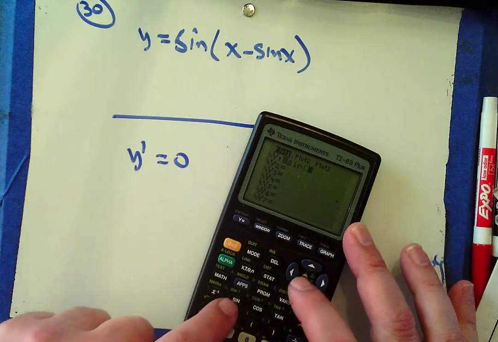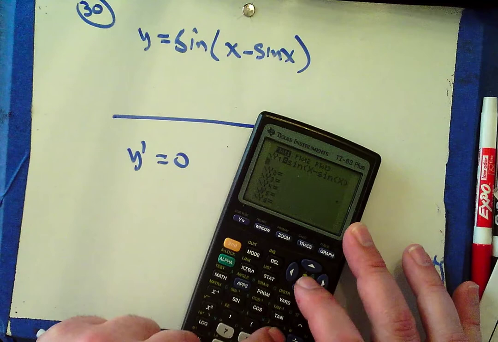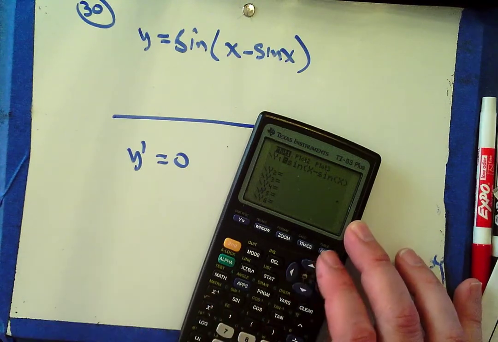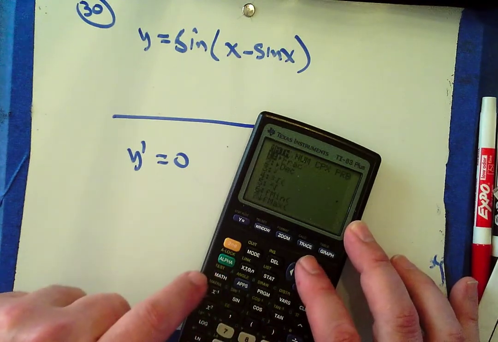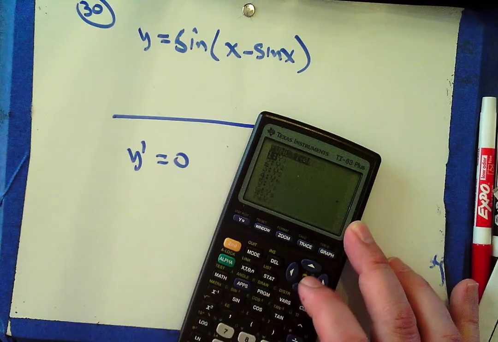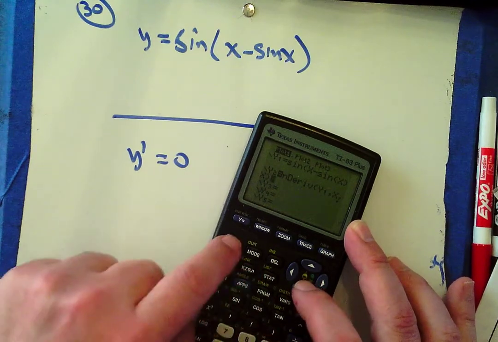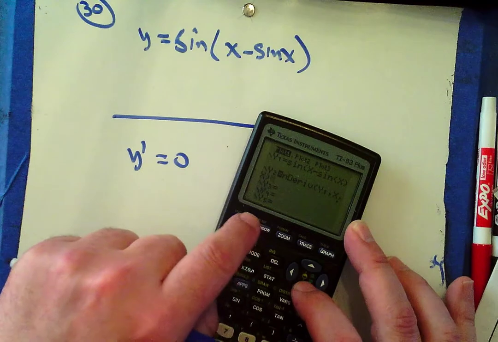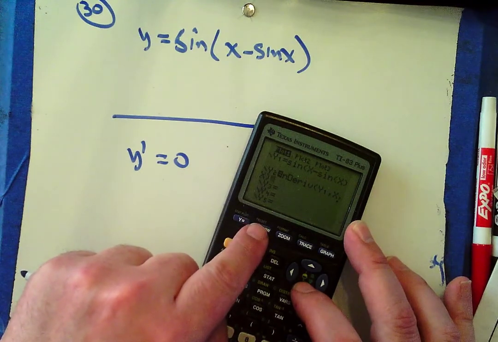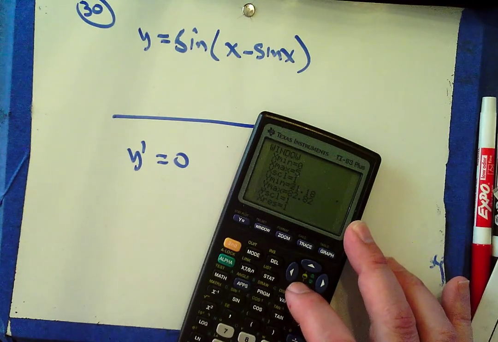So we've got sine of x minus sine x, and I don't need that turned on, but I want the derivative of that, y1, comma, x, and smallest positive value, yes, so I'm going to change my window 0 to 5, and my y value is negative 1 to 1.